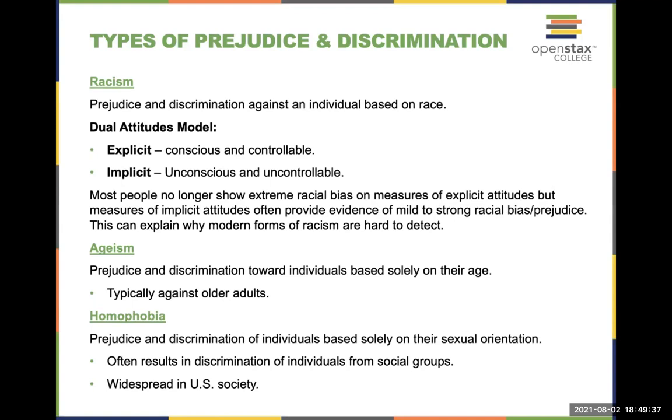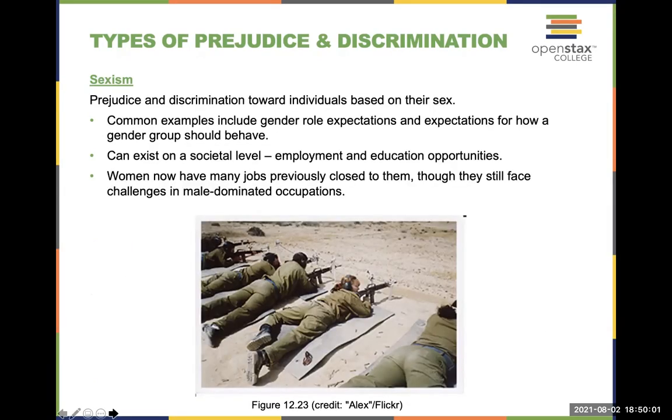And then last thing on this slide is homophobia, right? Which is the prejudice and discrimination based on a person's sexual orientation. And remember, it could be actual membership in that group or perceived membership in that group. And then sexism. In the chapter before last, we talked about gender identity, gender expression, that kind of stuff.